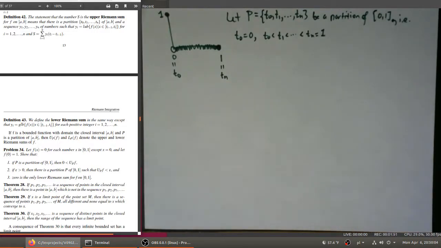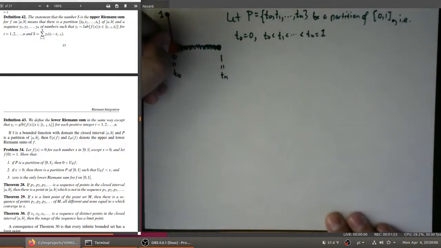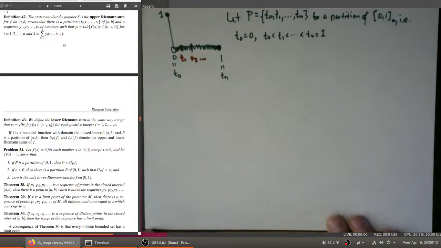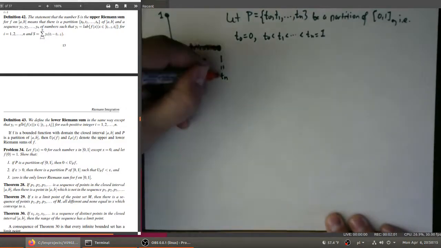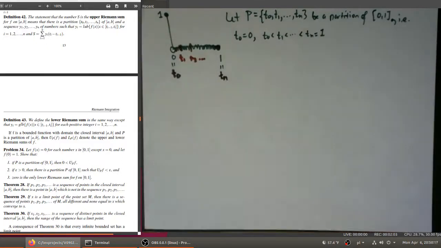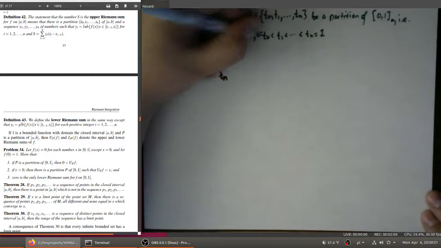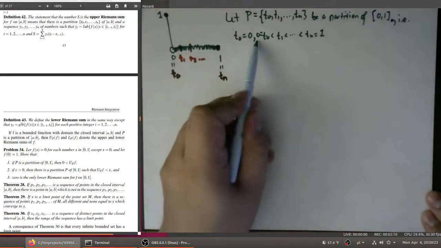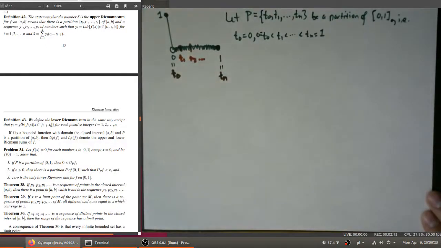In the middle we'll have t1, then t2, and so on, and then we'll finally end at tn. And that's our partition. Now it's important to remember that t0 is 0, so t1 is strictly bigger than 0. That's part of the definition of a partition.